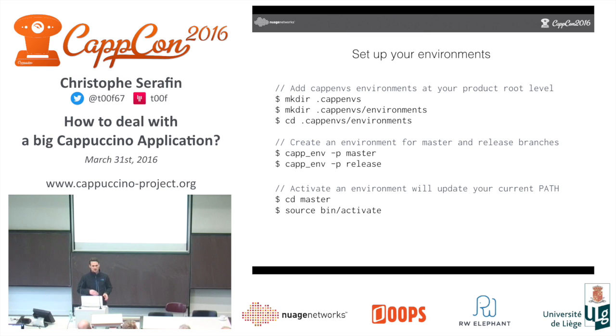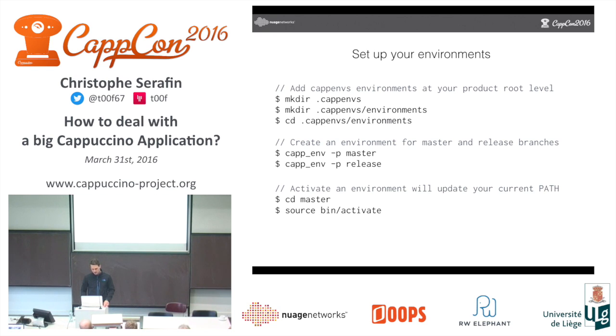It means that every time you have to run Jake, for instance, it will look in the cappenv master environment. When you have to switch, you can deactivate and activate the release, and you will get all the tools from Cappuccino and the external libraries within the release environment.